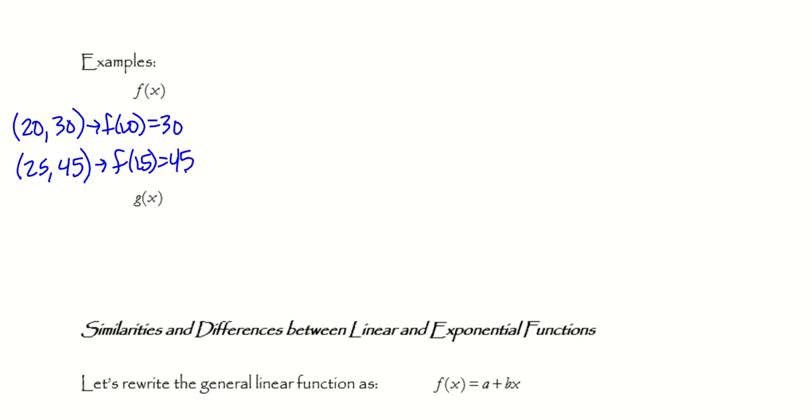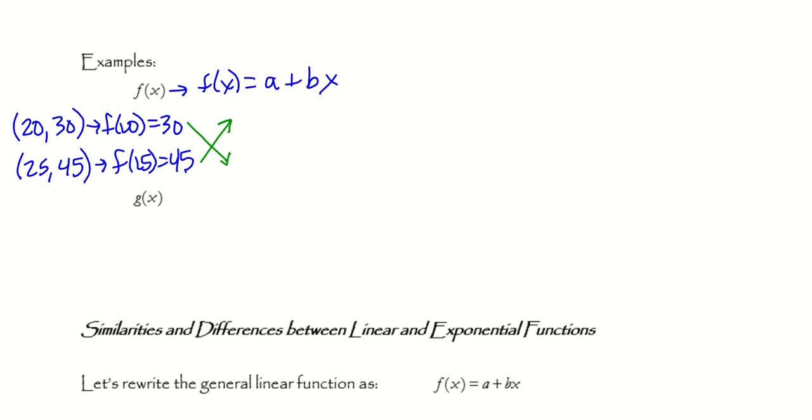Okay, so now I'm going to plug those into my general form for f of x, which is going to be in the form of f of x equals a plus bx. This would also work if you used mx plus b. Now, because in linear combinations I'm going to subtract, and I would rather subtract a smaller number from a bigger number, I'm going to take these 2 points and flip their position.